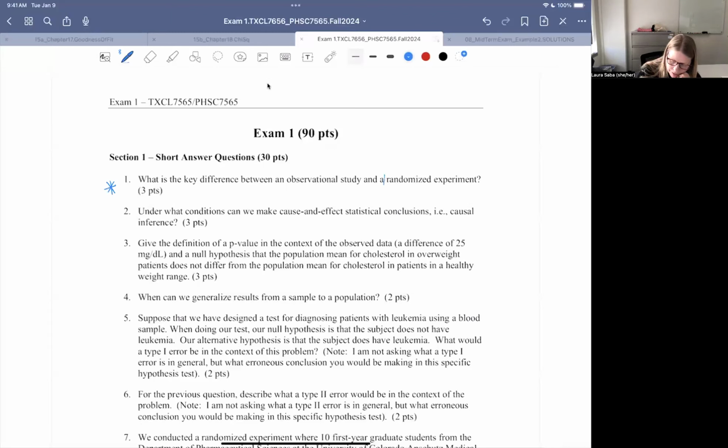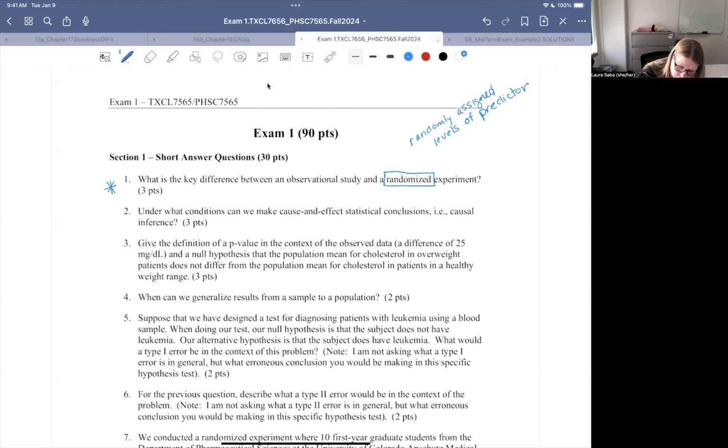And also I took off points if you just, instead of saying randomly assigned levels of the independent variable or predictor, this is correct.